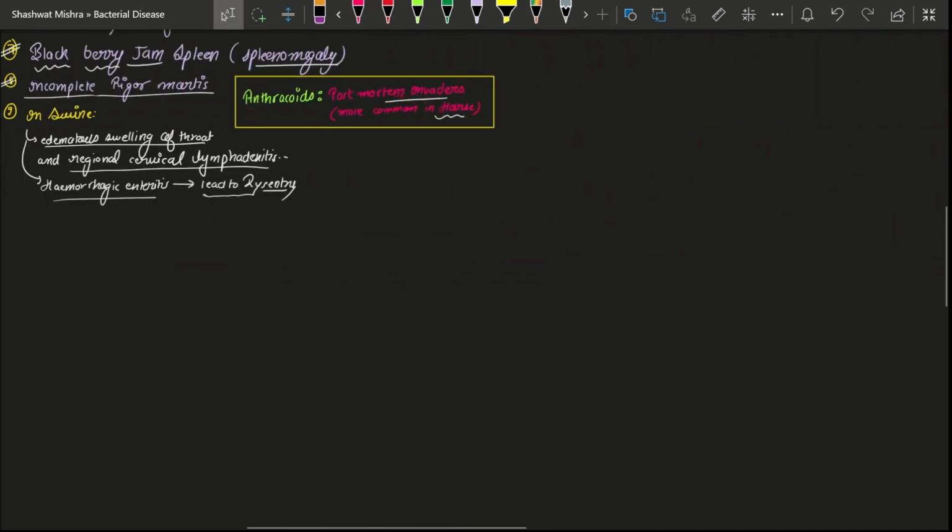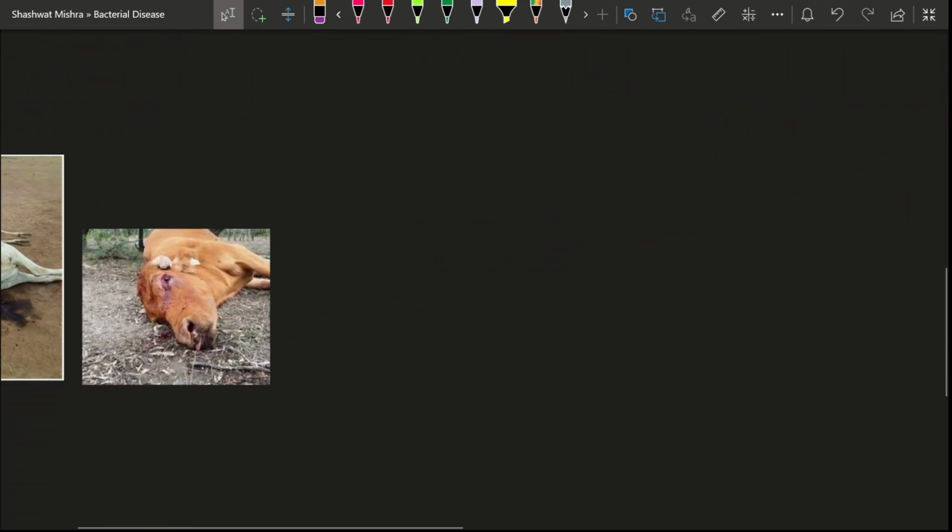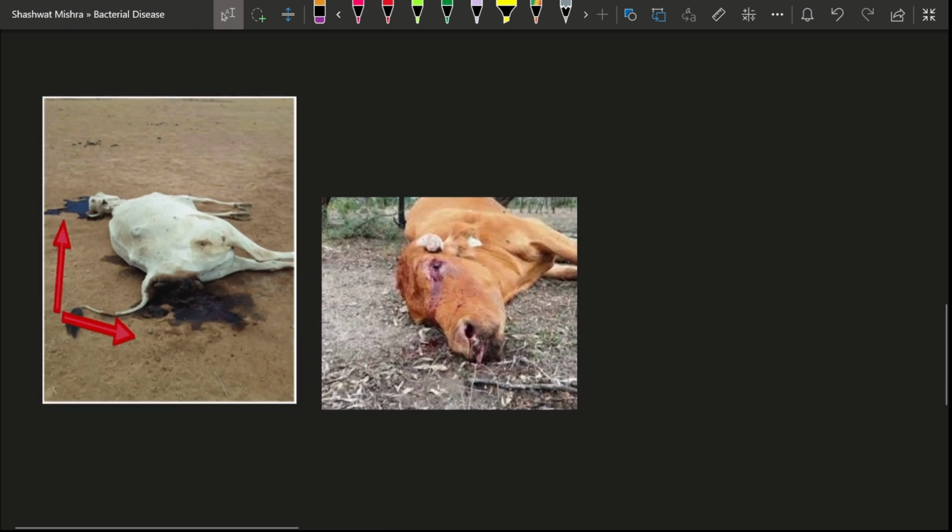Let me show you certain pictures of anthrax. Here they are. Here you can see unclotted blood coming out from the natural orifices, which are the ear, nostrils or mouth. You can clearly see blood is coming out from the rectum also. So this blood is unclotted.